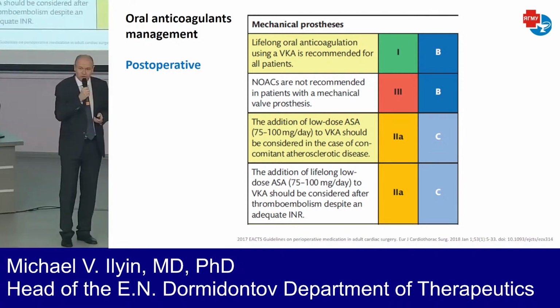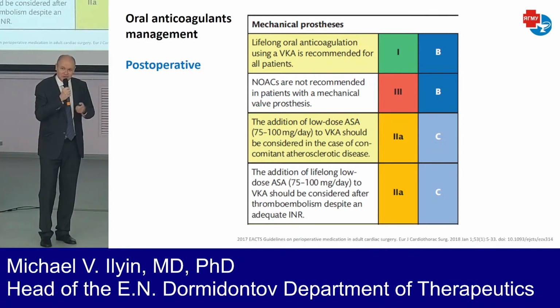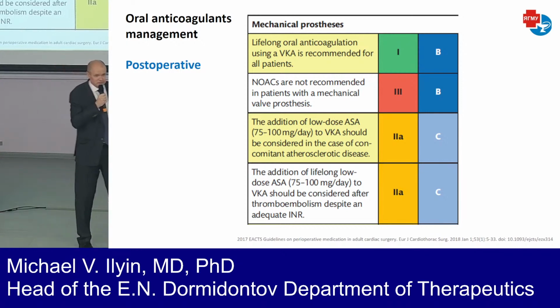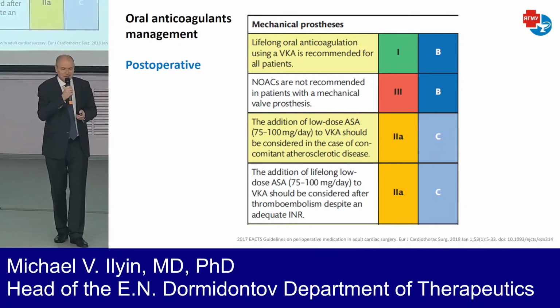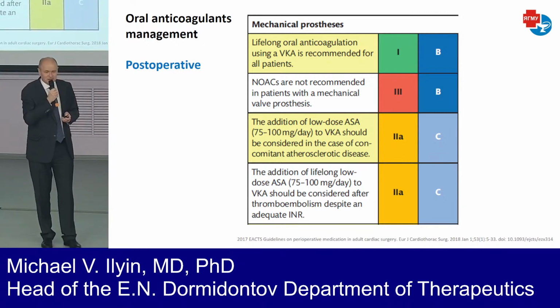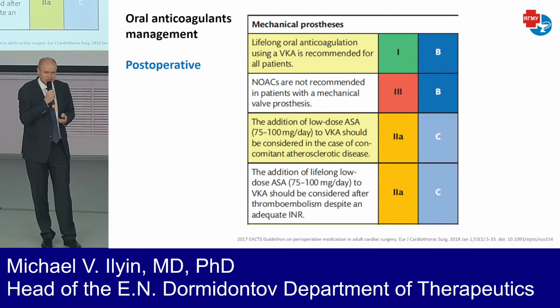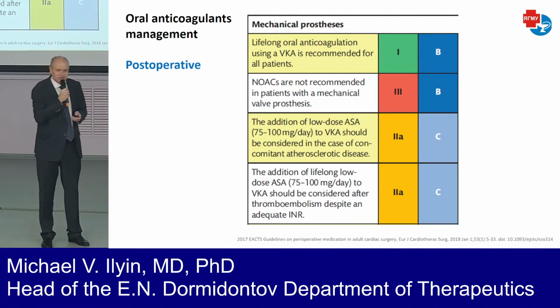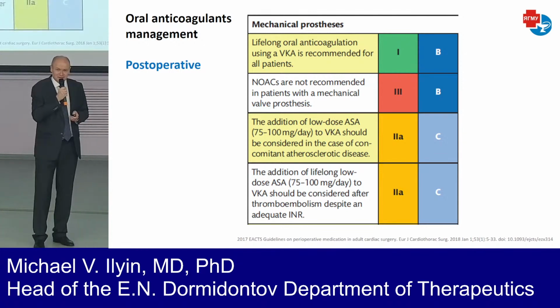So we're waiting today for the renewal, for new recommendations, a new guideline. And we see it already concerning the non-cardiac surgery. We'll be waiting for the next generation of recommendations. But today, it's the following. Then, the addition of low-dose acetylsalicylic acid, 75 to 100 milligram daily, to vitamin K antagonists should be considered in the case of concomitant atherosclerotic disease.